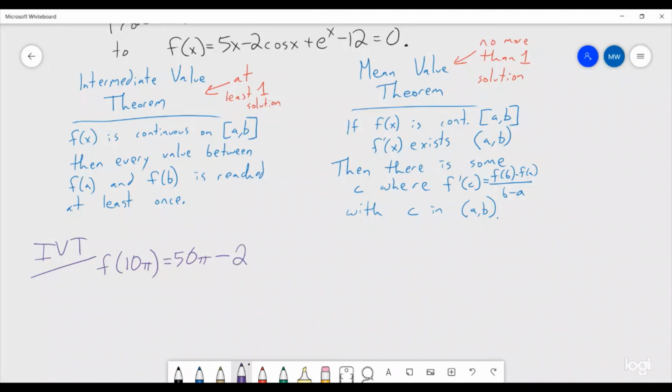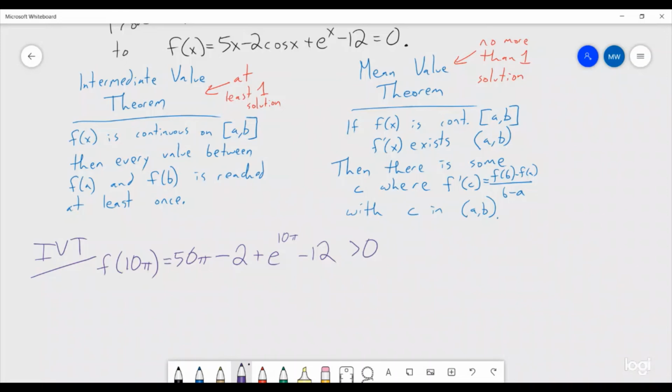That's minus 2 plus e to the 10 pi, and then minus 12. Well, 50 pi, that's about 150, and we are subtracting 14 and adding more. So this is definitely bigger than 0.